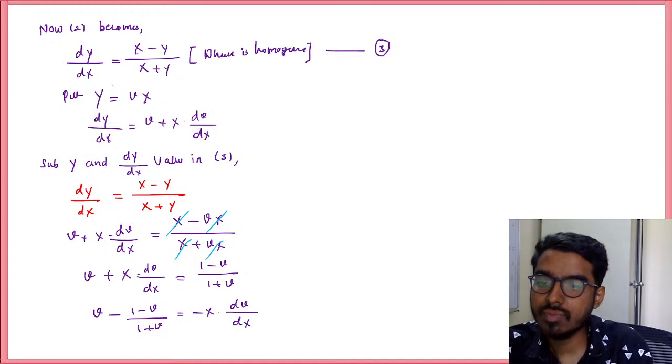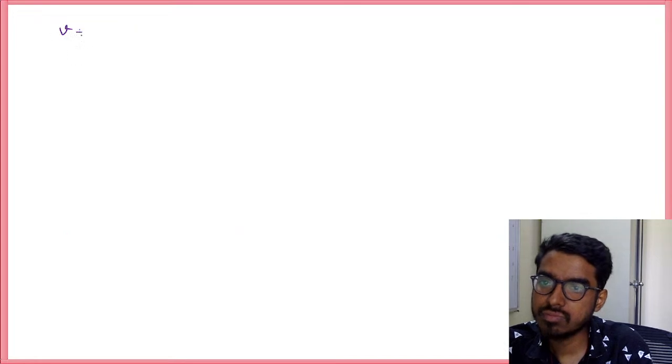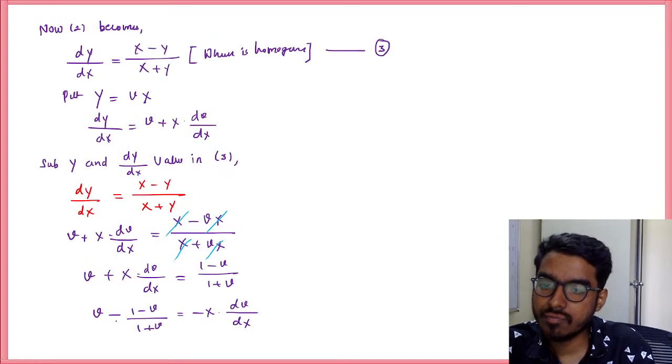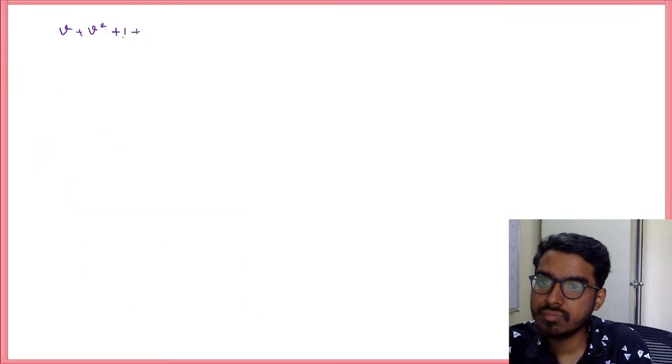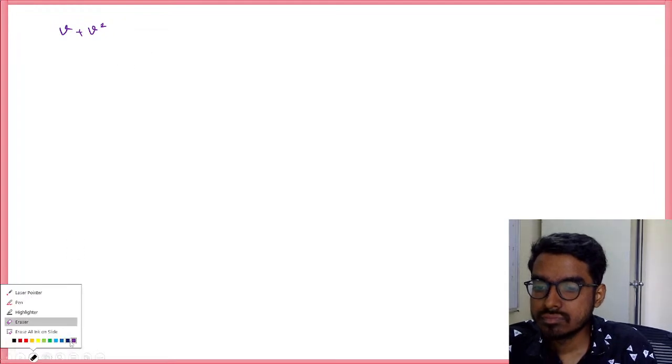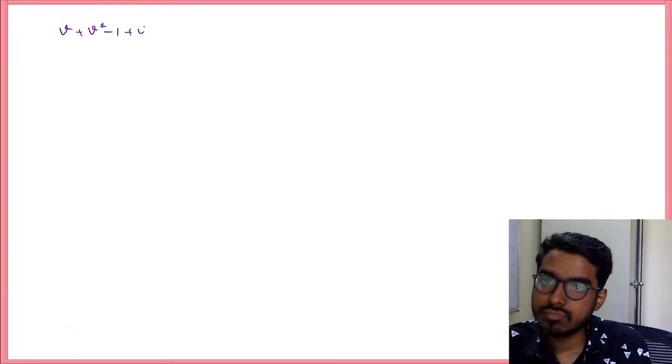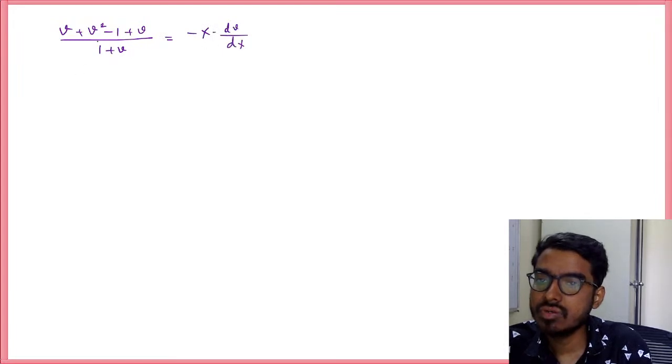So cross multiply this. So we will have v plus v square minus 1 plus v divided by 1 plus v is equal to minus X into dv by dX.